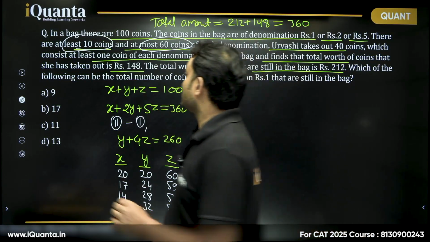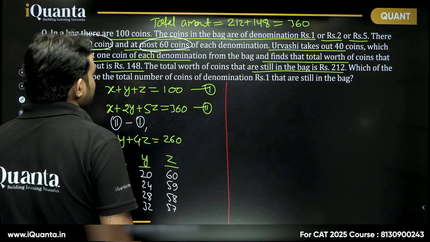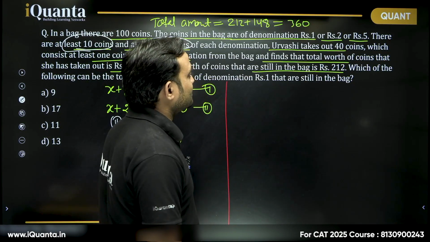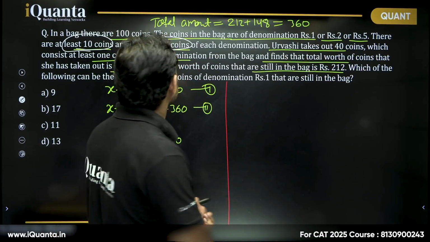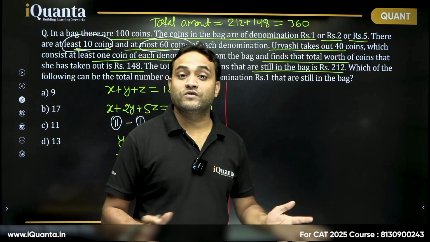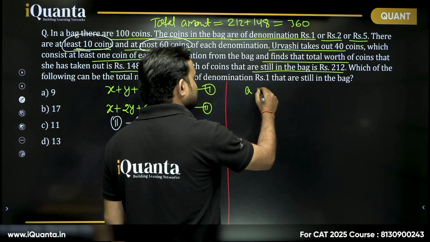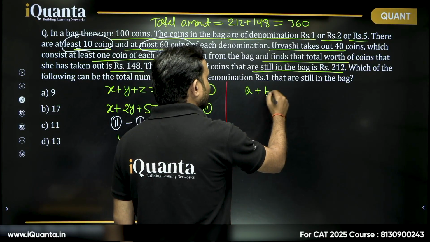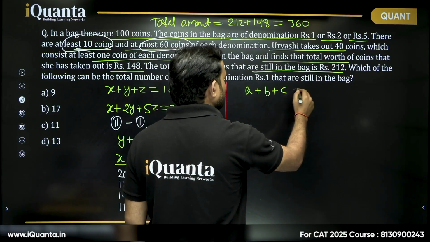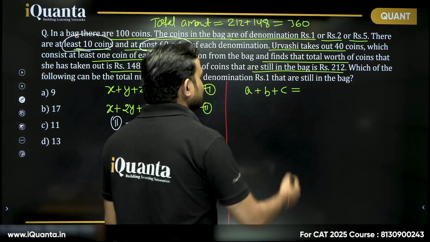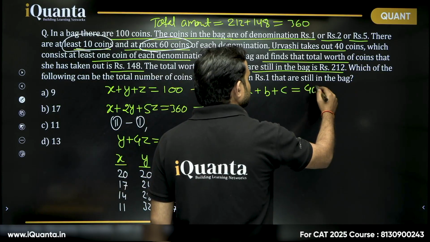Now, Urvashi is taking out at least one of each coin, the total is 40 coins and the total value is 148. So let's say in this case, the number of 1 rupee coins is A, the number of 2 rupee coins is B, and the number of 5 rupee coins is C. Then the total number of coins should be 40.